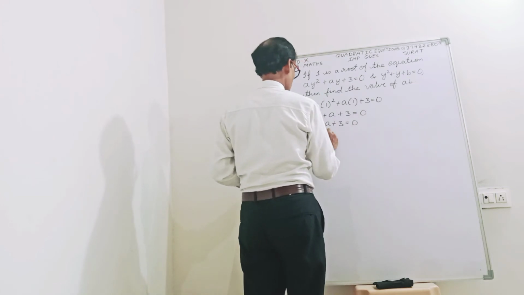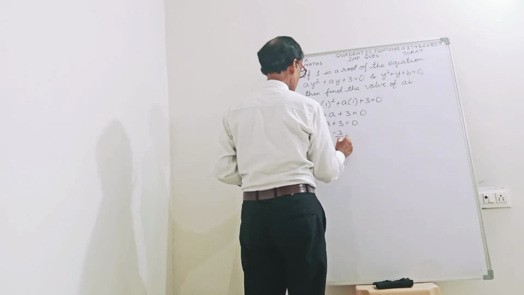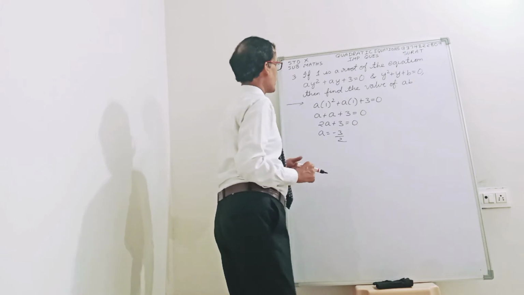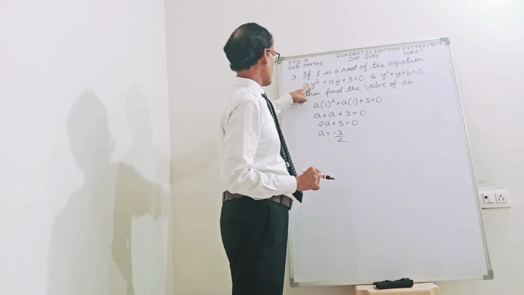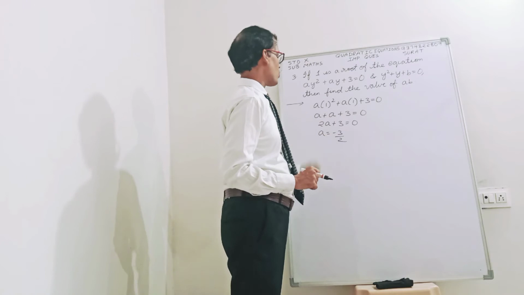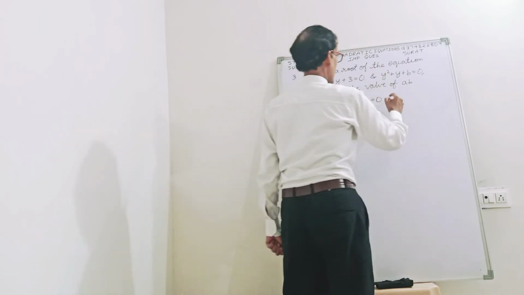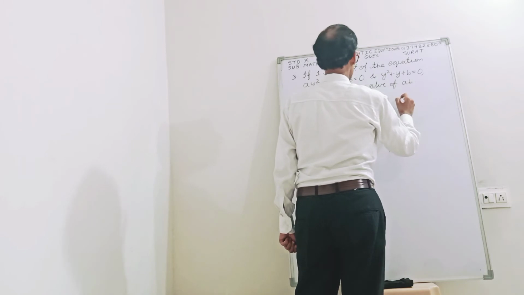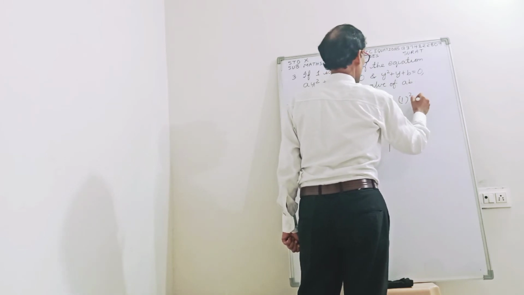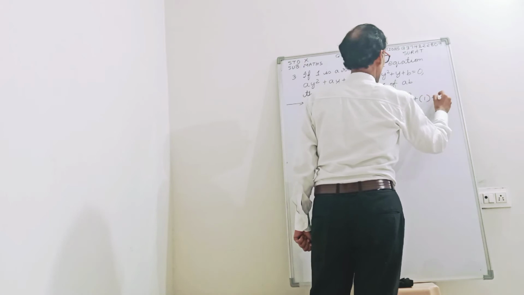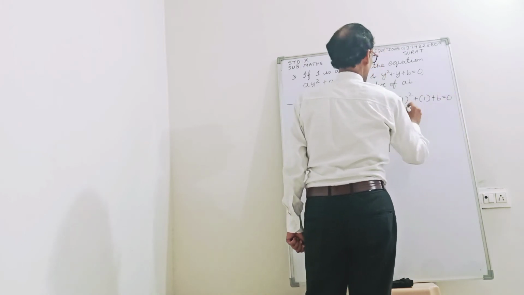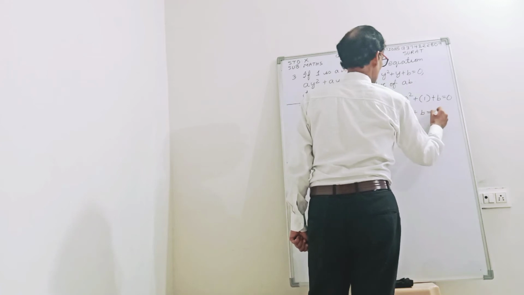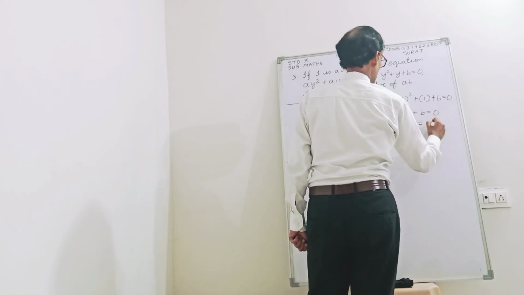It means a equal to minus 3 by 2. Now in this equation also put y equal to 1. One plus 1, 2, 2 plus b equal to 0, so we get b equal to minus 2.